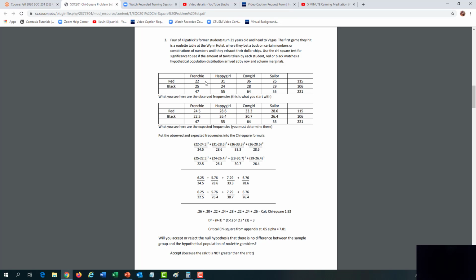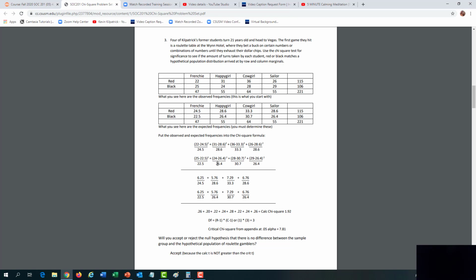So for the first cell, I have an observed frequency of 22, expected frequency of 24.5, and I create this fraction. 22 minus 24.5, and I square that number, and I divide that result by 24.5. And I just go right across the row using 31 and 28.6 for the next fraction, 36 and 33.3 for the next fraction, and 26 and 28.6 for the next fraction.